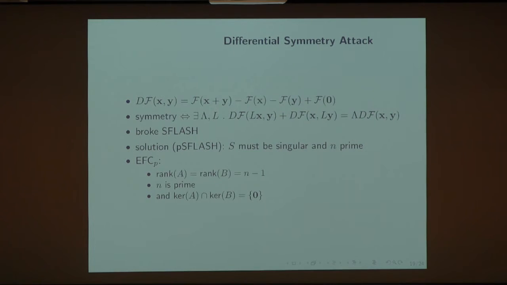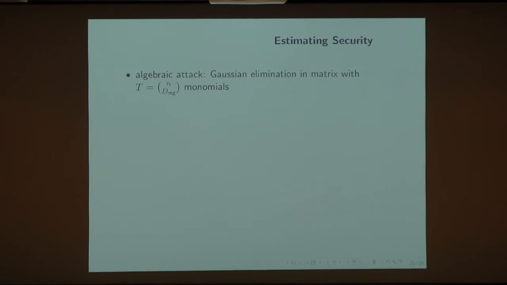And we emulate this by choosing A and B to be singular and N to be prime. Moreover, the kernels of A and B should intersect only in the origin if you want to ensure unique decryption, with high probability.